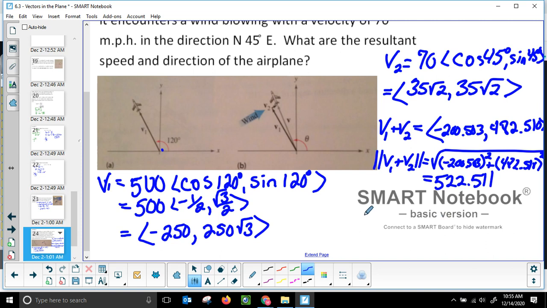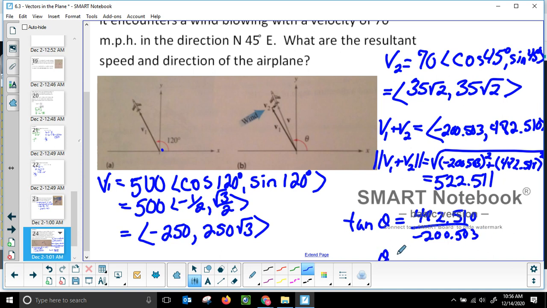And then to find the direction angle, we know that tangent of theta is equal to B, which is 482.510, over A, which is negative 200.503.